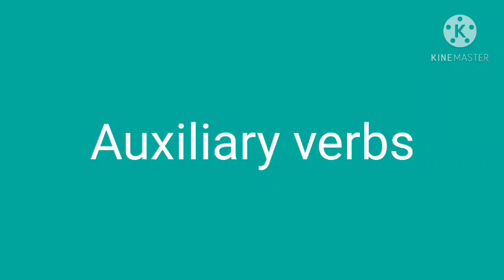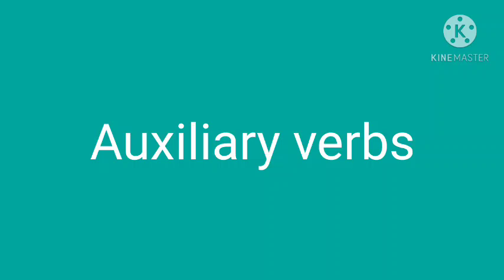Helping verbs are auxiliaries. Principal verbs are those verbs which have a meaning of their own. For example, Raman has a new car, I have a big house. In these sentences, has and have express the idea of possessing or owning something.